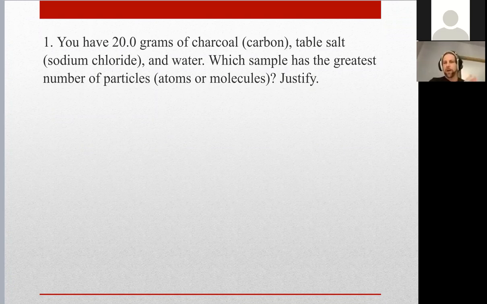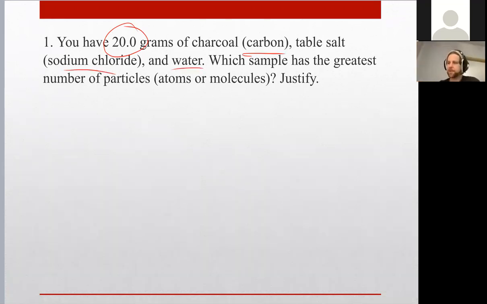I wanted us to be able to use concepts of molar mass and the idea of molecular weight for differentiating number of particles. So if we have an equal mass sample, then we have to think, how do carbon, water, and sodium chloride differ if all three samples are the same mass?